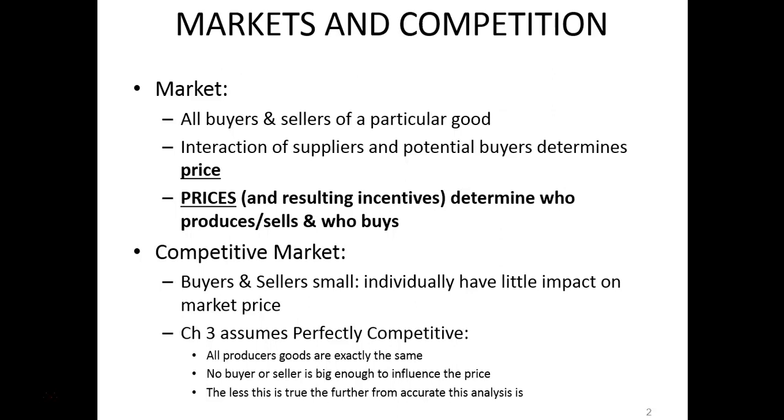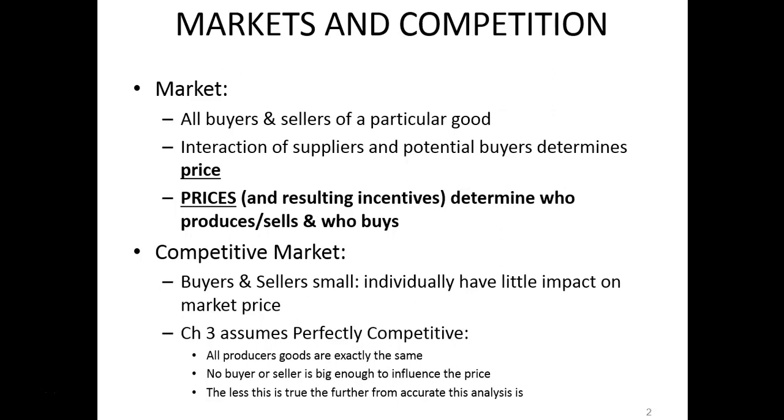And further, it works best at the extreme, which we'll define more explicitly later in the course, the idea of perfect competition, kind of the holy grail, the caricature of being as competitive of a market as possible, right? Where each company produces exactly the same thing, so consumers are going to go with whoever's cheaper. No buyer or seller is big enough to influence the market price, whereas in many markets that's not true.